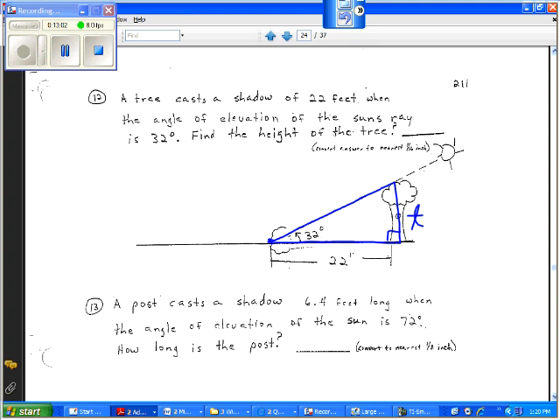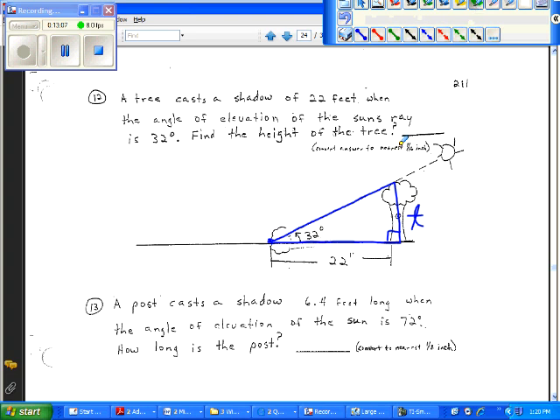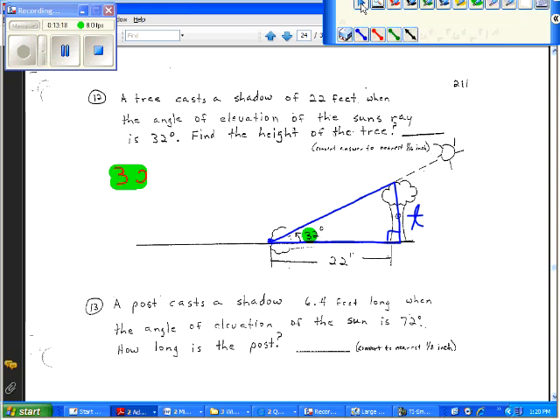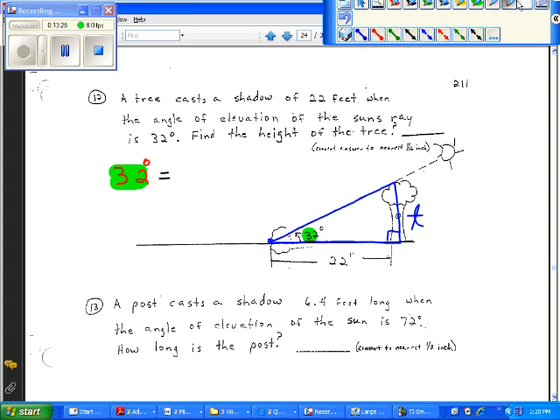Now, if we're going to do that, what are we going to do first? We're going to find the acute angle first. So the first thing we're going to do is identify an acute angle. And my acute angle was 32 degrees. And then what am I going to do? I'm going to look at the sides given, see how they're related to the angle that I chose, and that's going to tell me which function to use, right?